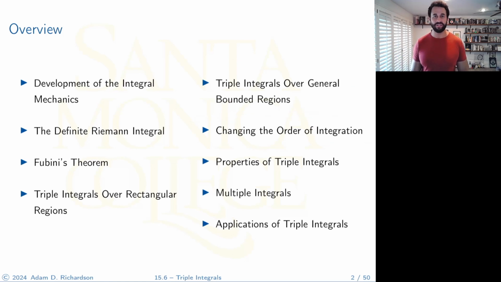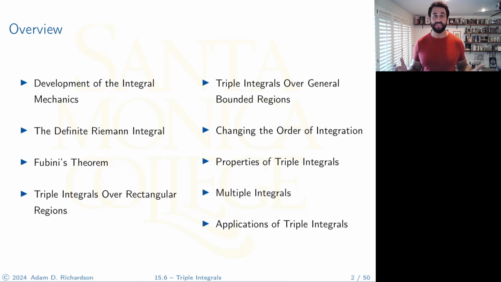But the integral is a scanning machine, and so you have to tell it how to do the scan. And there are six ways when you have a triple integral. So being able to visualize those three-dimensional regions is going to help out a lot when we get to that part of the section. Properties of triple integrals, long story short, they're the same as the ones we saw before. Then we'll talk about multiple integrals and multiple integration.